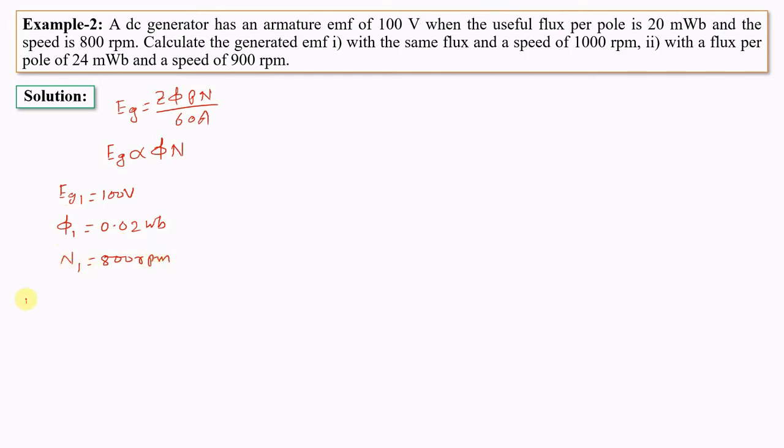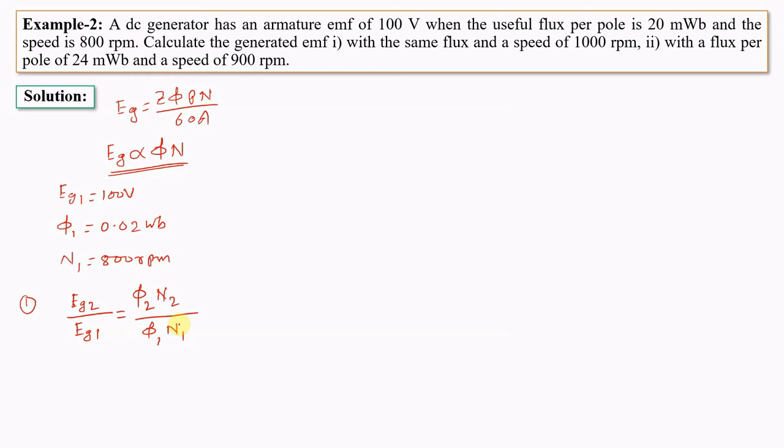So in first part of the question, we have to calculate the generated EMF with the same flux, but the speed is 1000 rpm. So from this relation, we can write generated EMF for second case upon generated EMF for first case, and it should be equal to flux for the second case into speed for the second case upon flux for the first case and speed for the first case.